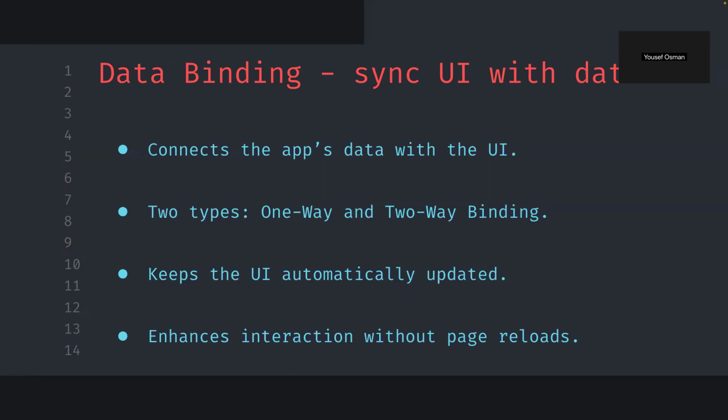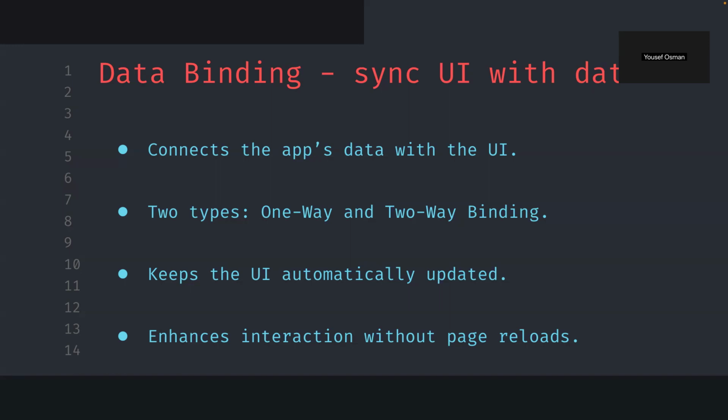So it's a bidirectional relationship. We have two ways of binding the data. Like I said, we have bidirectional two-way binding, and we have one-way binding, when we have only one change, from the UI to the data, or from the data to the UI.